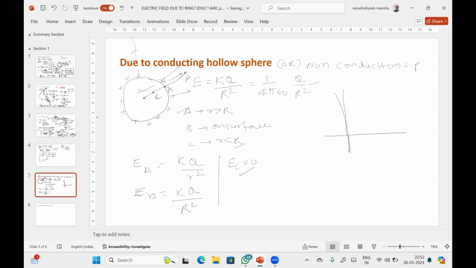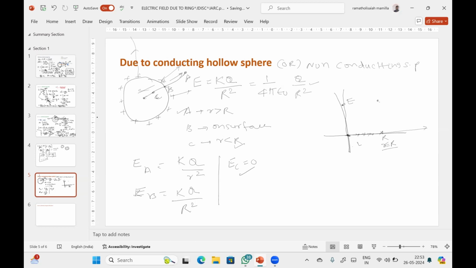The field E, from the center to the value R, for the hollow sphere, is total 0. The field starts only at r equal to R, and the remaining inside is all 0. So for r less than R, the field is 0.